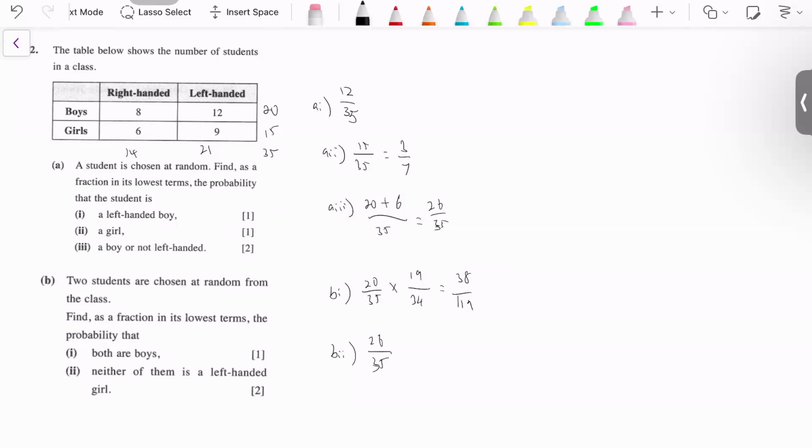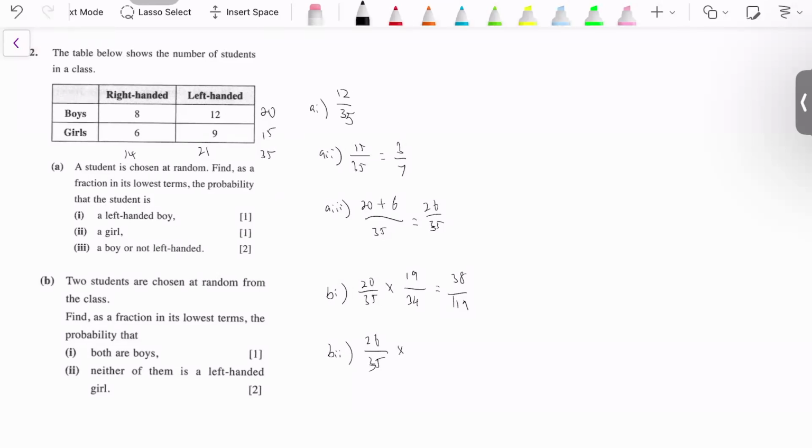So the probability of us getting not left-handed girls is 26 on the first pick. Same thing, minus 1 for both. And that will give us 65 out of 119. So those are our answers.